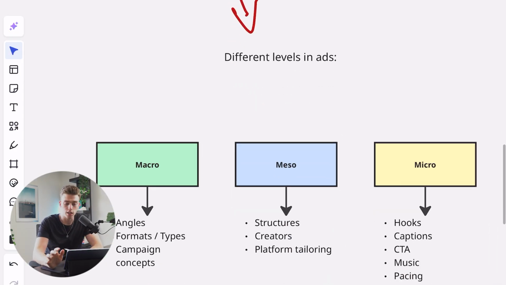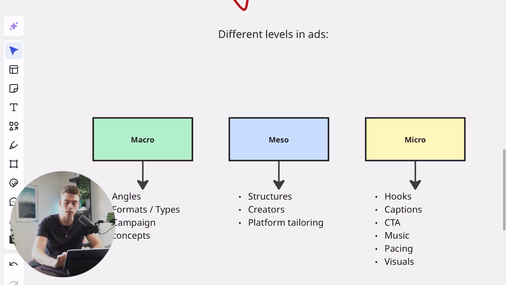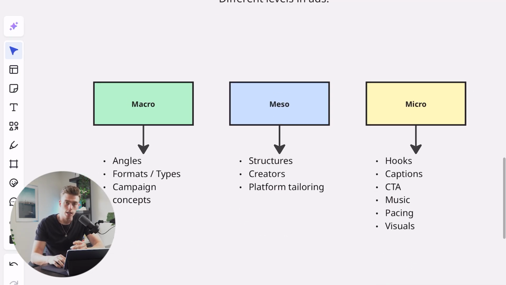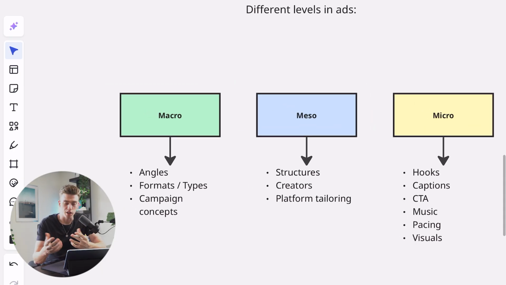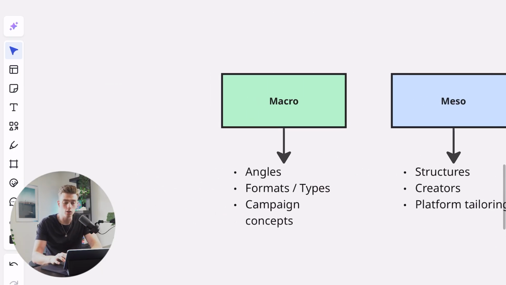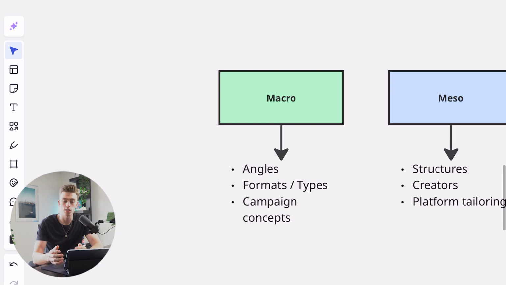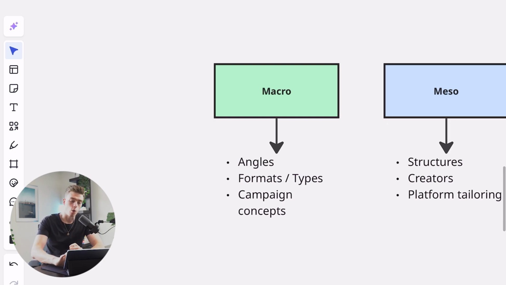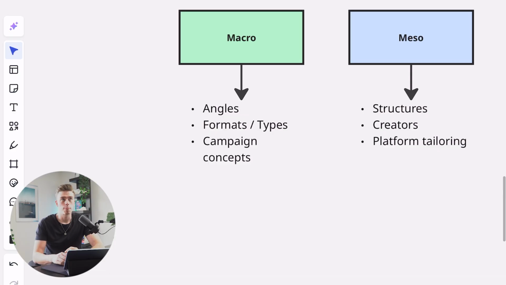So the different levels are macro, meso, and micro. Macro adjustments, or macro things within an ad, are the angles, the formats or the types, so let's say a UGC video or a founder video, and the campaign concepts, which can be seasonal events or sales, anything like that.